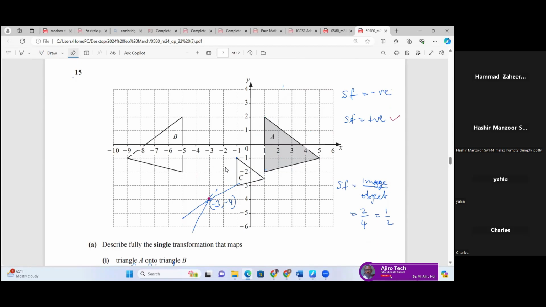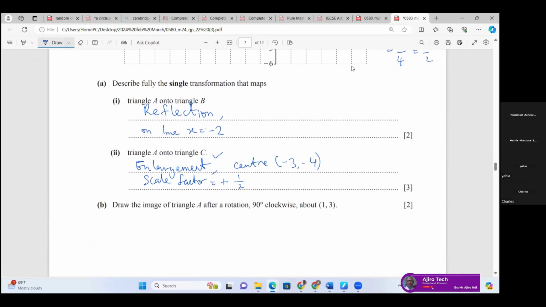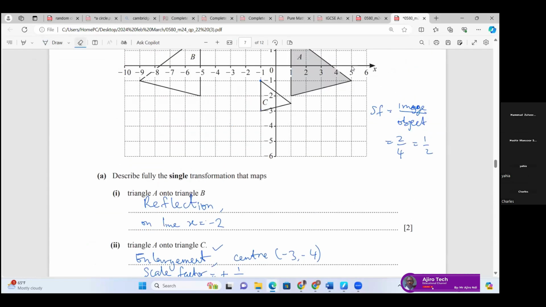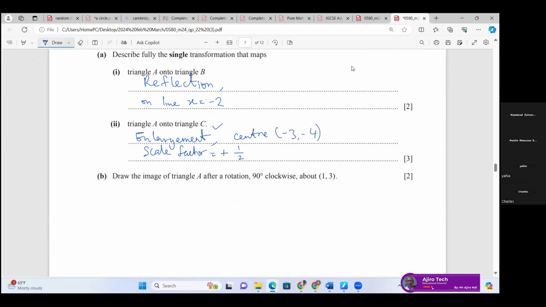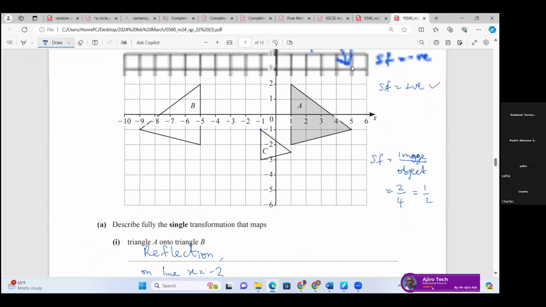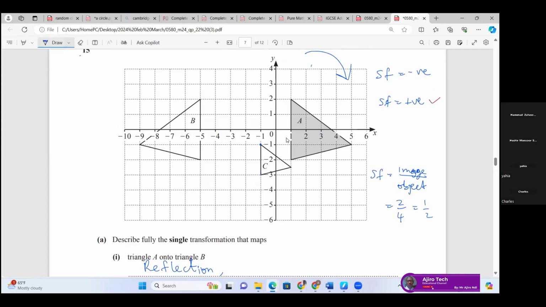Let me remove this so that I can get a clear picture. Triangle A clockwise is this direction. Then let's look for the center of rotation, which is (1, 3). Let's look at that point first: this is 1, this is 3.